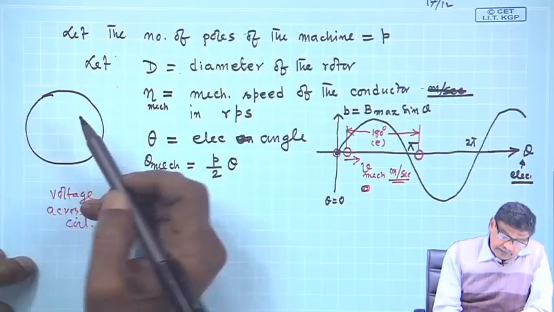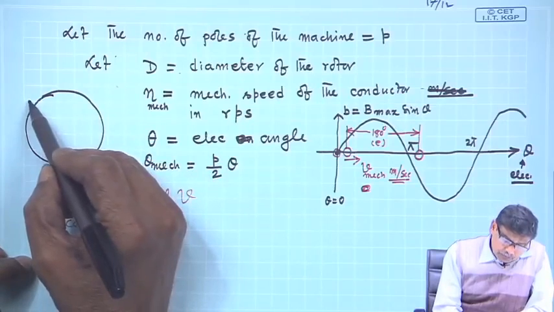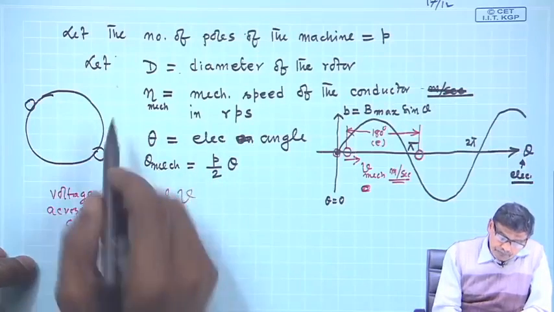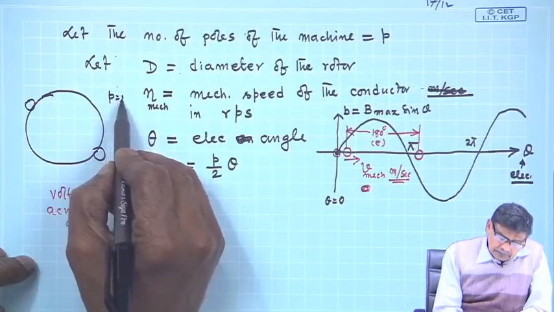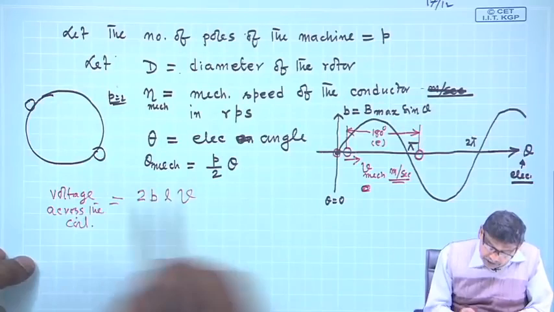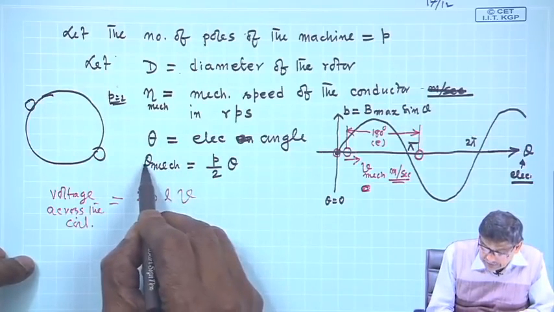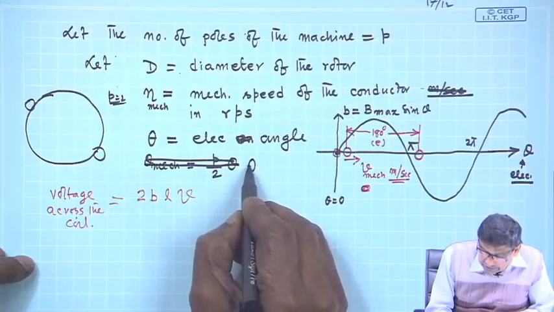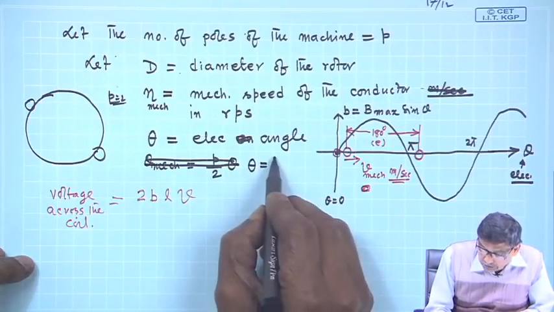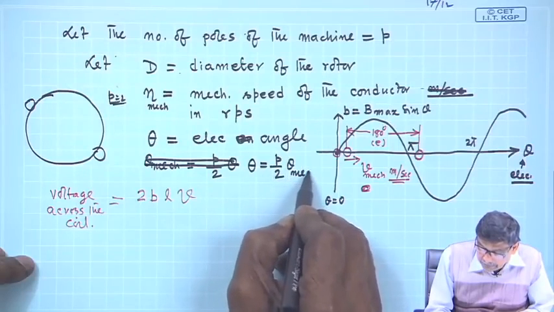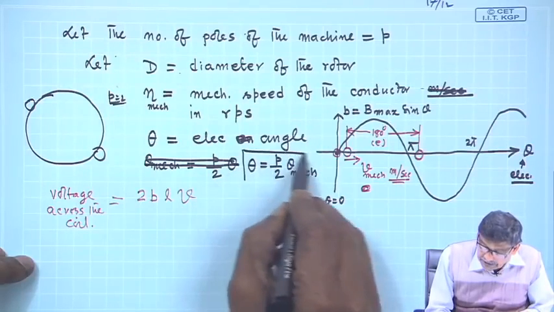If you take a two pole structure, it should be diametrically opposite, that is all for two pole. Anyway, there was some mistake here. You should be very clear, theta electrical angle should be P by 2 theta mechanical. That is very important.